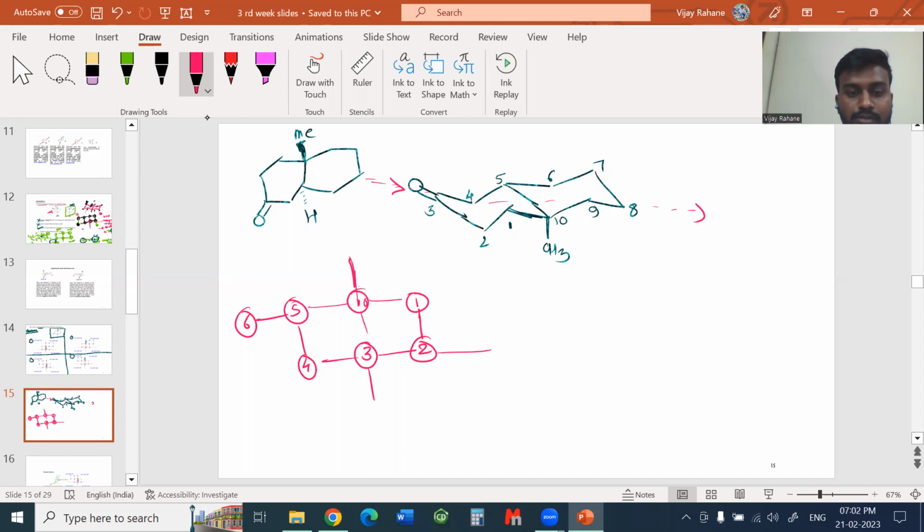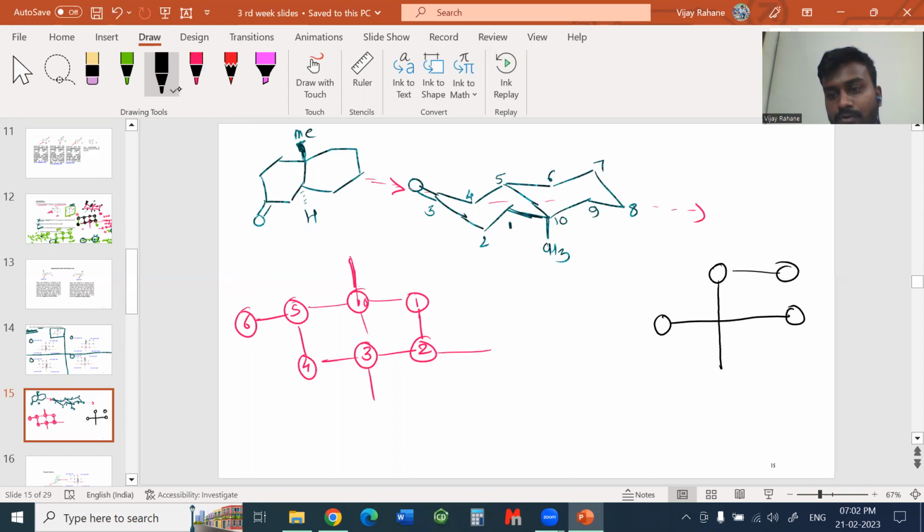For this position, we'll just draw a schematic so you can easily understand, right? For this position, the equatorial will be like this and axial is here. For this position, here is the axial, here is the equatorial.